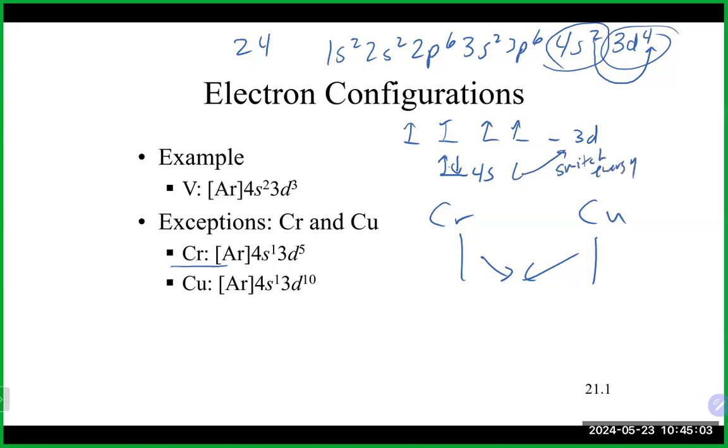And what ends up happening once the d orbitals get filled is the 4s orbital actually ends up higher in energy than the d orbitals. And that's really important in terms of how transition metals lose electrons. Transition metals lose electrons by losing their s electrons first. And then if they needed to dig into another one, they would go into the d electrons.